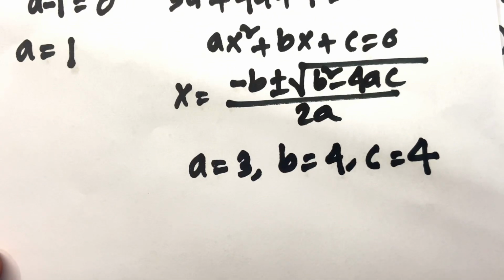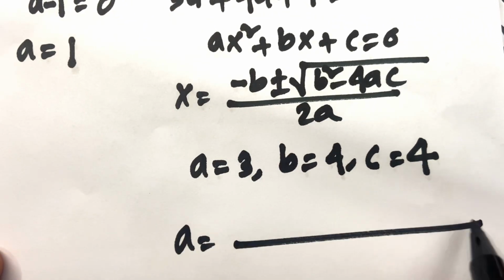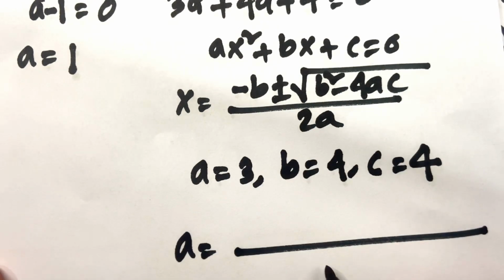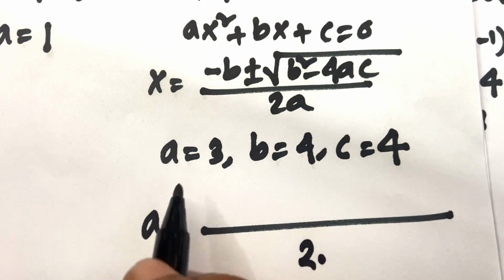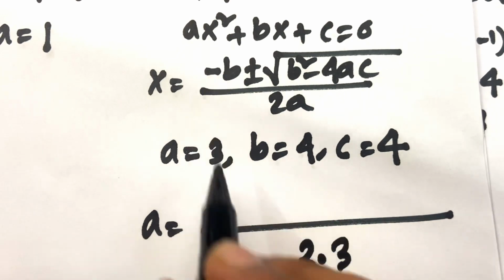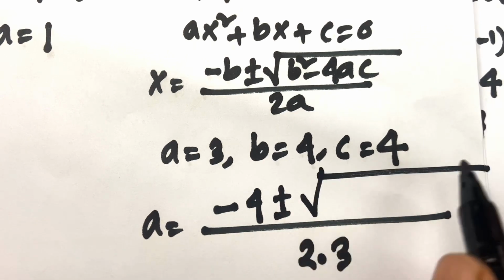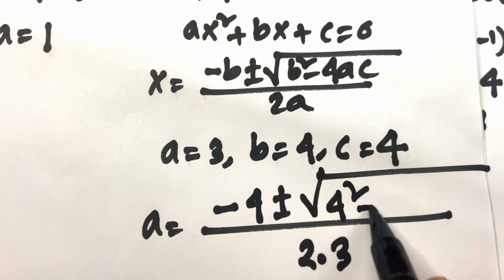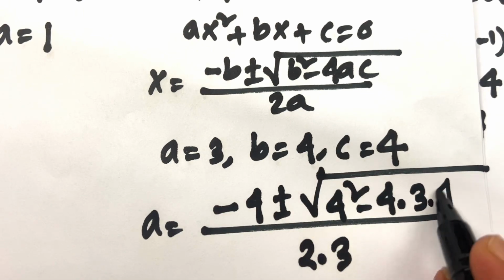So a is equal to minus b, so b is equal to 4, plus or minus square root of b squared, so 4 squared minus 4ac, where a is 3 and c is 4.